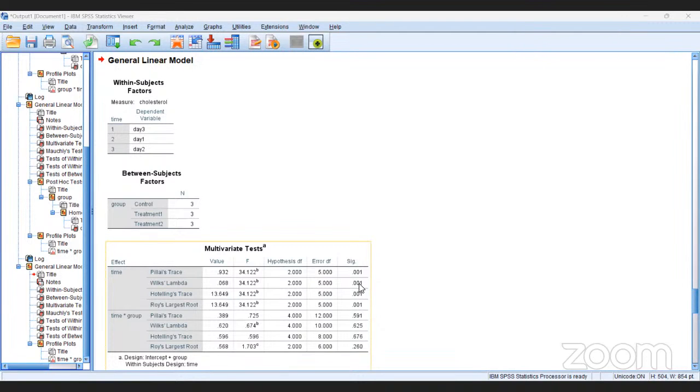That means over the periods, the cholesterol level changes. But in case of the interaction, this is the interaction, you have not noted any significant difference.